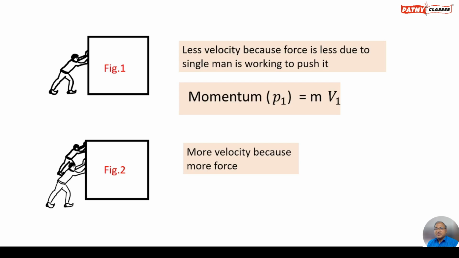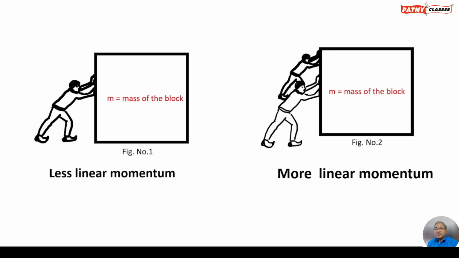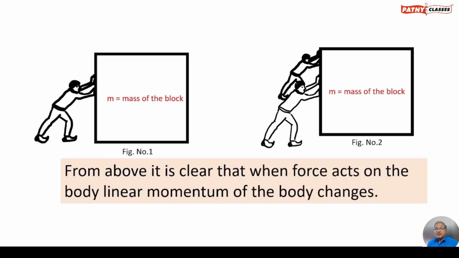Momentum in the first case P1 equals m v1, and linear momentum in the second case P2 equals m v2. So, linear momentum in figure 2 is more compared to linear momentum in figure 1. From the above discussion, it is clear that when force acts on the body, the linear momentum of the body changes.